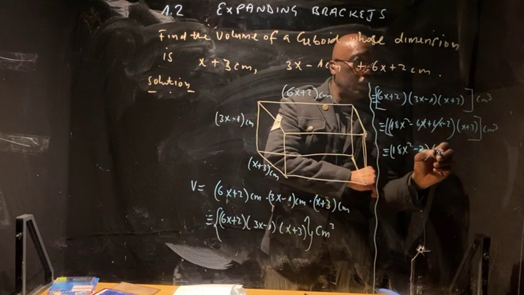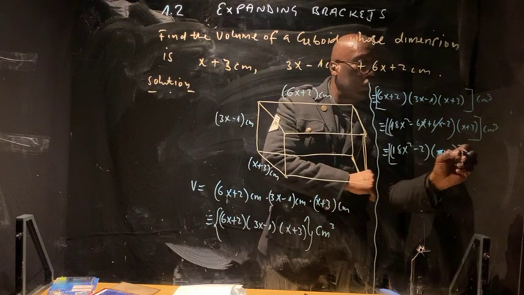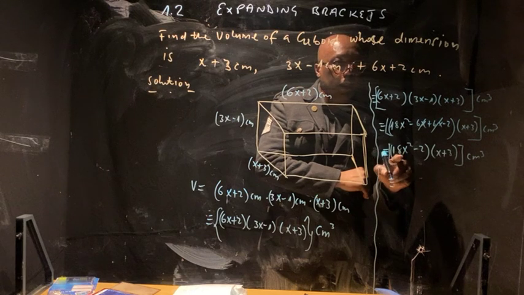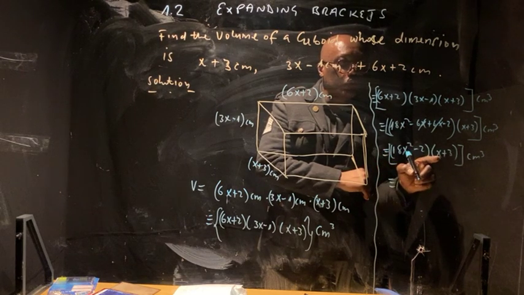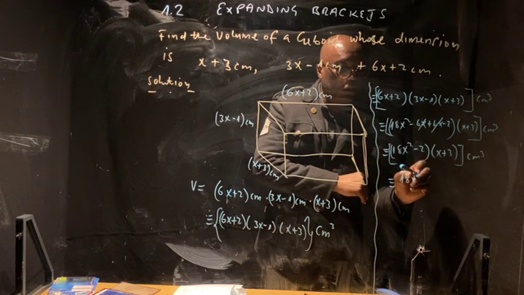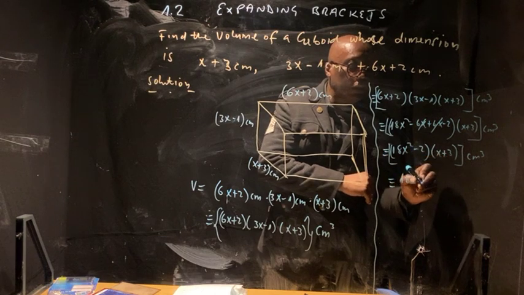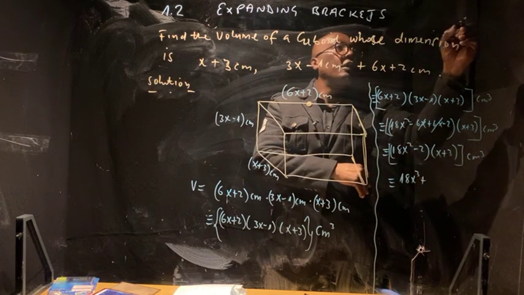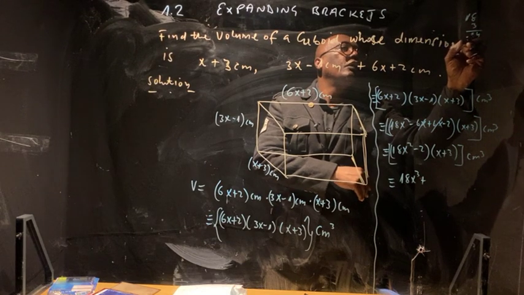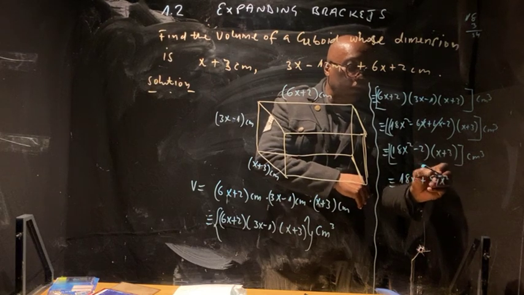Multiplied to x plus 3, all in centimeter cube, which is equal to 18x squared multiplied to x, we have 18x cube. 18x squared multiplied to 3, we have 18 times 3, 54x squared.